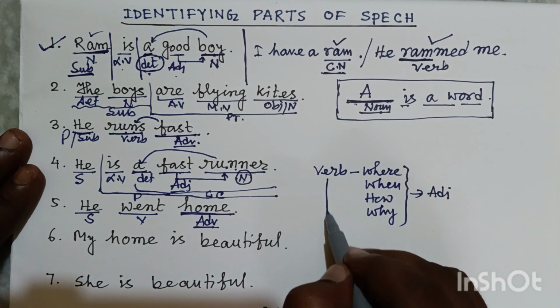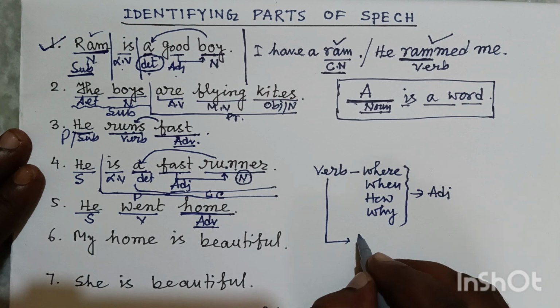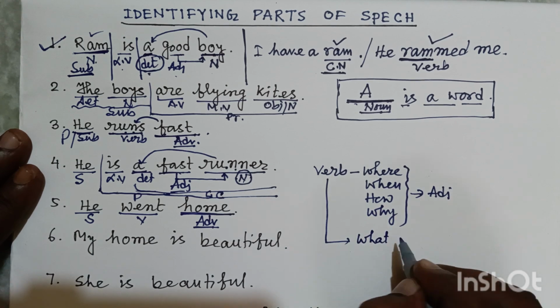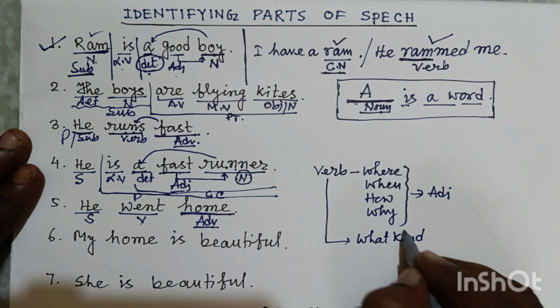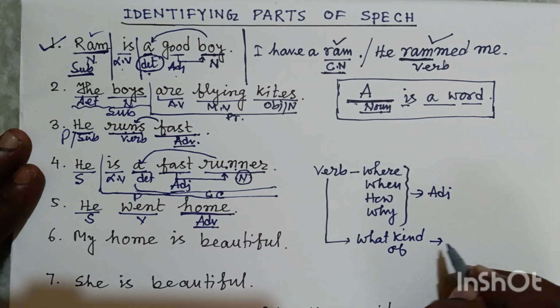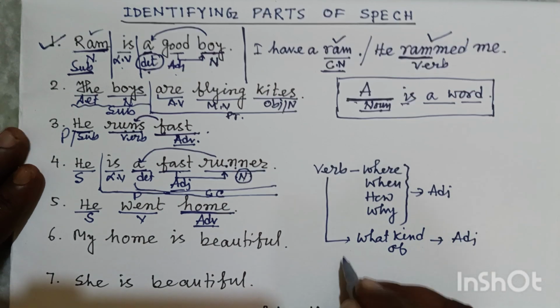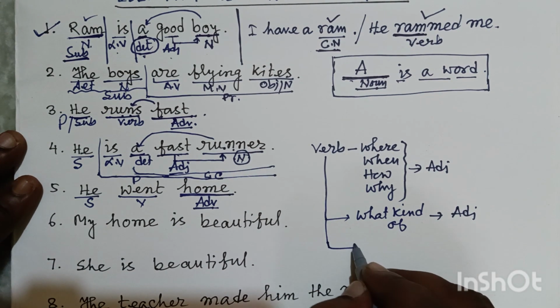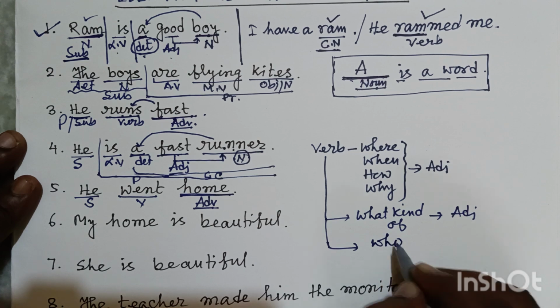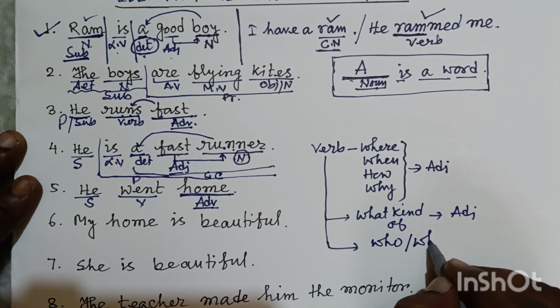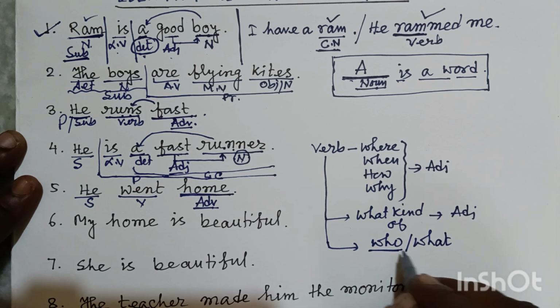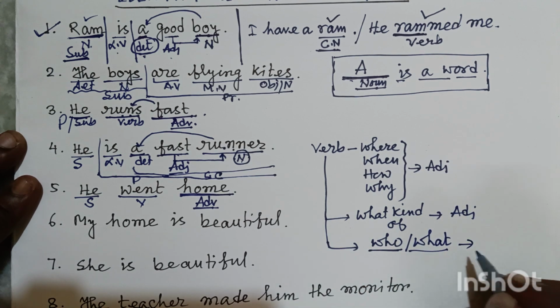If you ask the verb by what kind of, that will be the adjective. And if you ask the verb by who or what, that will be a noun.